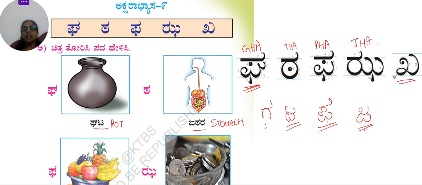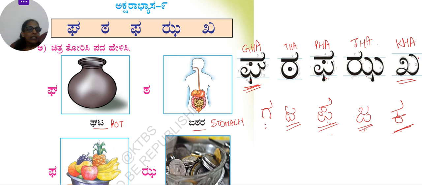And this is Kha. So we have already seen this as Ka. This is Ka. This will be Kha. Okay, so Gha, Tha, Pa, Jha and Kha.